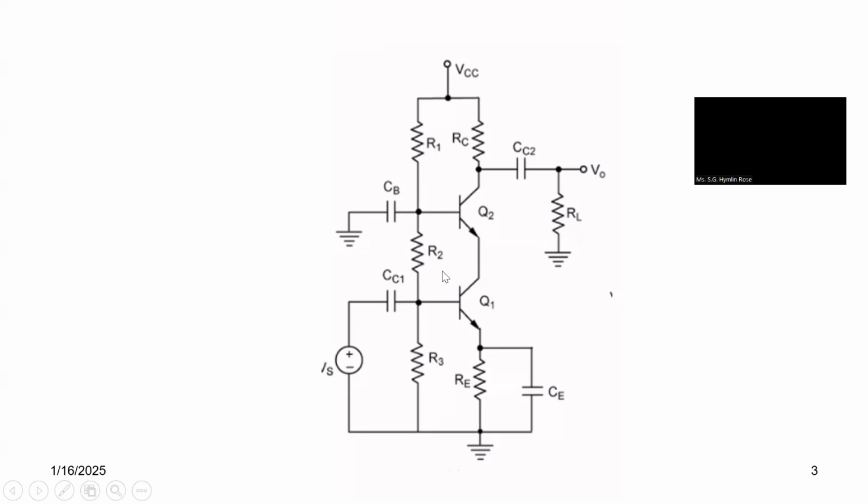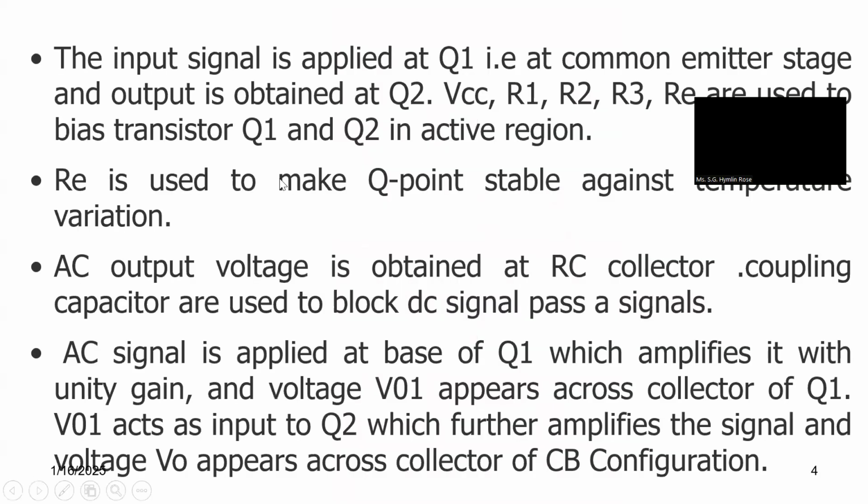RE is used to make the Q point adjustable. The AC output voltage is obtained at RC. Coupling capacitors are used to block DC signal. And R1, R2, R3, RE are used to bias transistors Q1 and Q2 in the active region, because only in the active region does amplification happen.